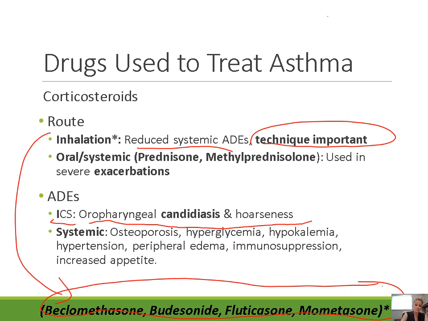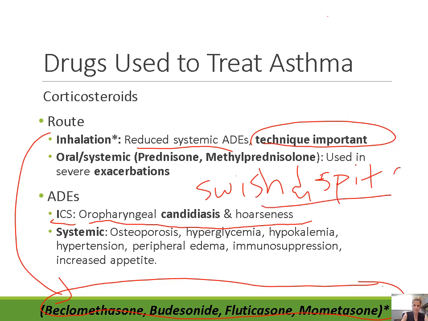For example, we have patients swish and spit after use. And patients should always be told this. So after they use the inhaled corticosteroid inhaler, they, with water, swish their mouth and spit it out.